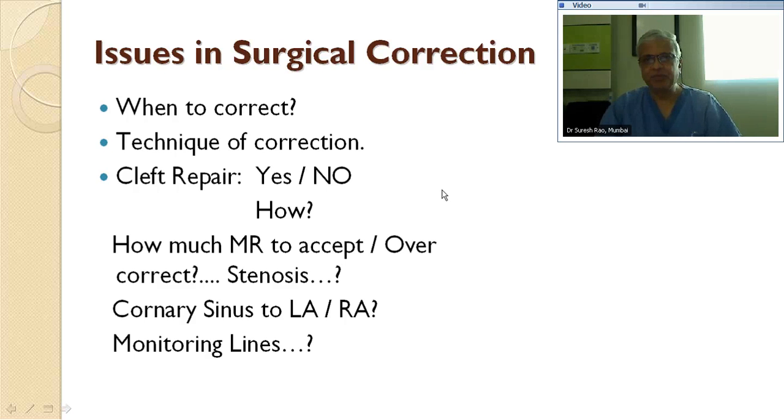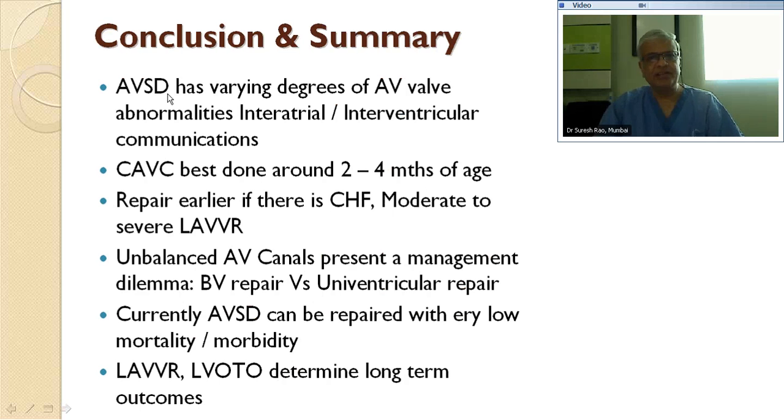So in conclusion, AVSD has varying degrees of atrioventricular valve abnormalities and interatrial and interventricular communications. Complete AV canal is best operated between 2 to 4 months of age, and repaired earlier if there is congestive heart failure or if the left AV valve regurgitation is moderate to severe. Unbalanced AV canal presents a management dilemma between biventricular repair and univentricular repair.